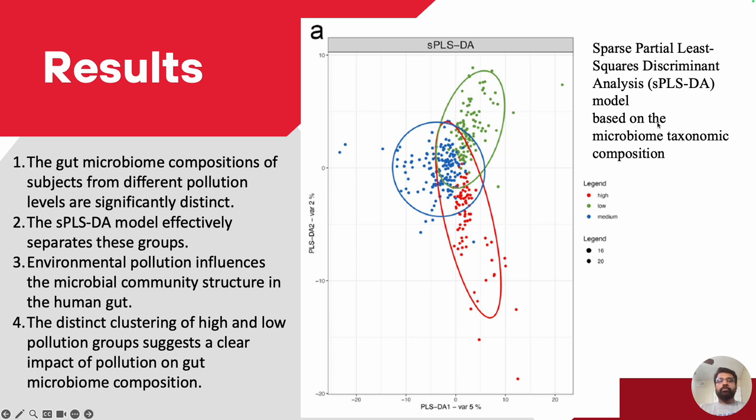They use this model to separate these three microbiome datasets, and this clearly shows that environmental pollution has a significant effect on the microbial community in the human gut of these individuals. The clustering of the high and low pollution groups suggests a clear impact of pollution on the gut microbiome composition. So that's the first graph that they showed right here.